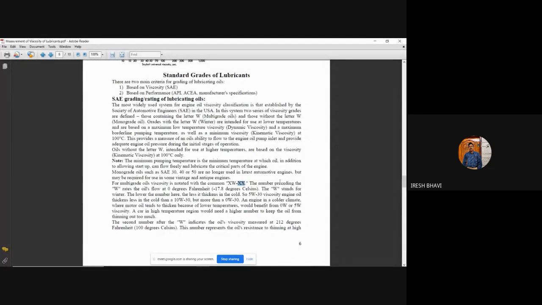As the viscosity decreases, the oil becomes thinner and thinner. No doubt the pumping power decreases, but the oil becomes thin and can no longer maintain the fluid film between the two parts having relative motion. Hence, there is a possibility of metal to metal contact and damage to that surface.